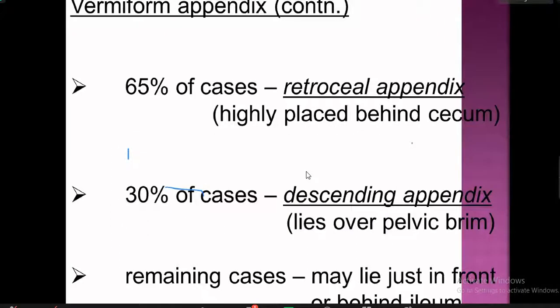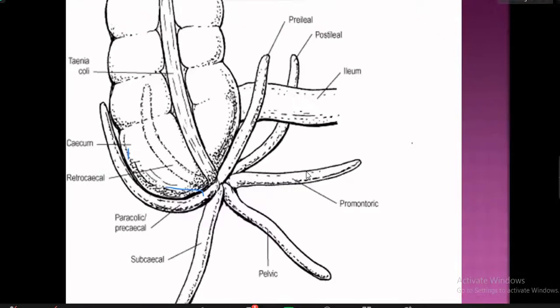So the appendix has many positions, as you can see. Some are retrocecal. There are times you open and you can't see the appendix. Don't close. Don't panic; the anatomy has changed. Look for it.